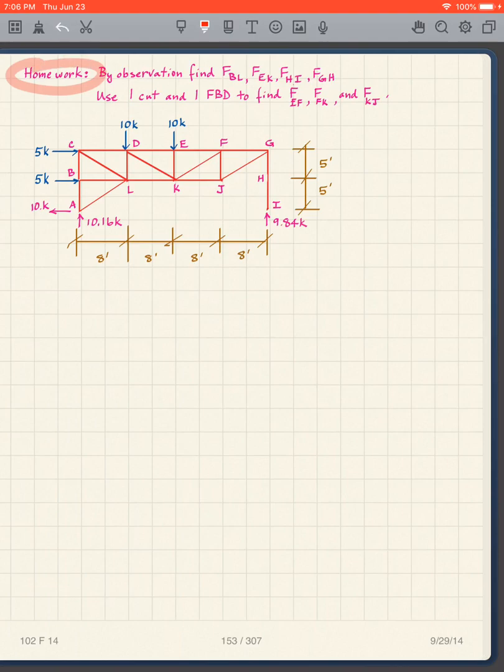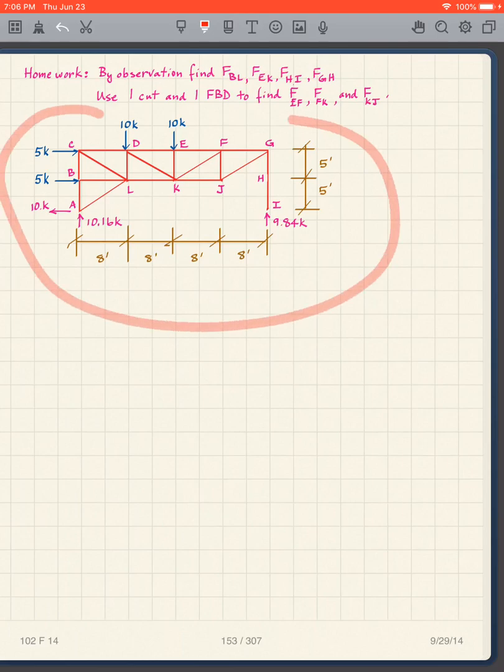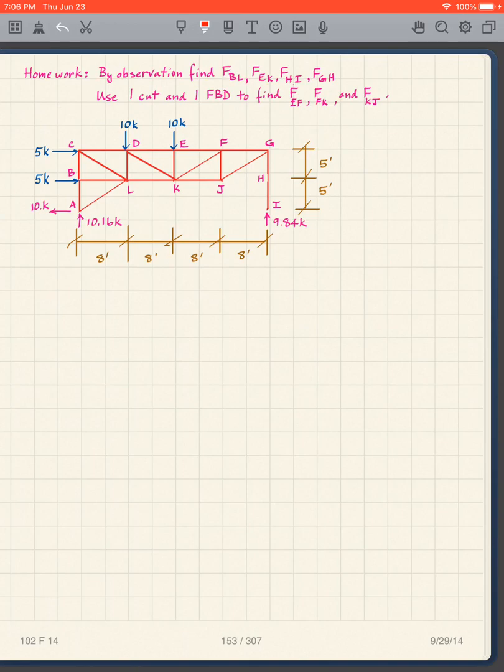More homework. So here, by observation, find these forces. Okay, so you don't even need to do it. I don't want you to do any calculations to find the forces in these members using this same truss, but now the reactions are there, and I've eliminated the zero force members here.